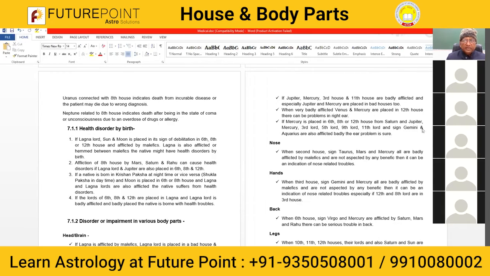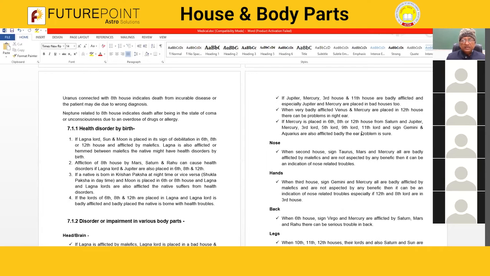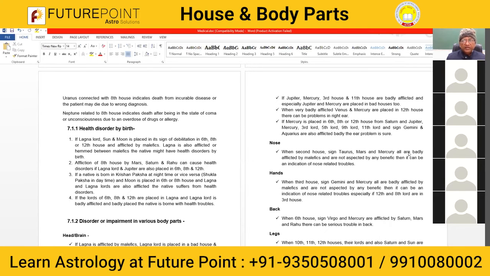We start saying Gemini and Aquarius. Gemini is not the sign for ears. It is the Taurus sign and the 3rd house. So remember in particular that we have to distinguish between signs and houses. For houses we divide the body into 3 sections, whereas for signs we don't divide the body into sections.